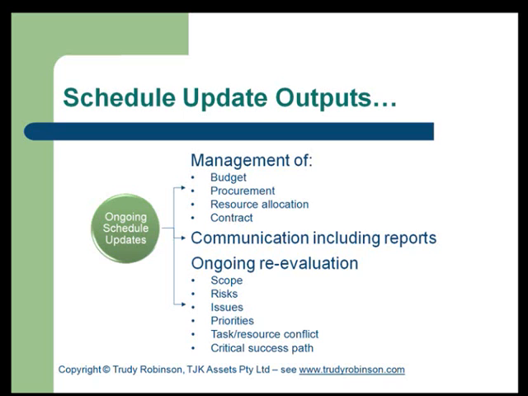Once you undertake an update, it may contribute to the management of budgets, procurement management, resource allocation, contract management, and ongoing communications. And of course, it will ensure that you have to go through a re-evaluation of scope, your risk management, your issue register, your ongoing priorities, critical success path, and task and resource conflict.